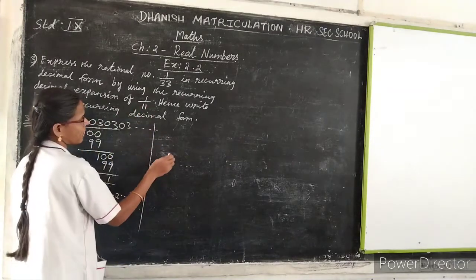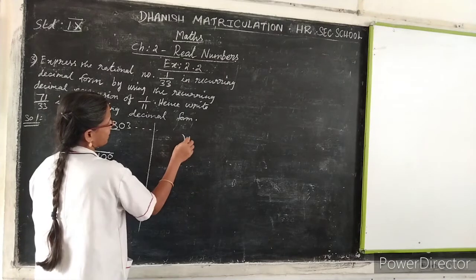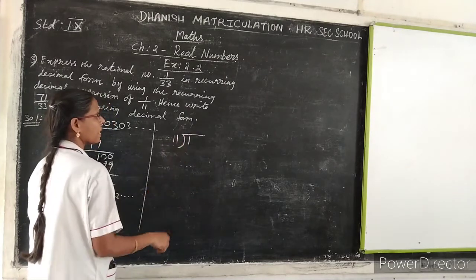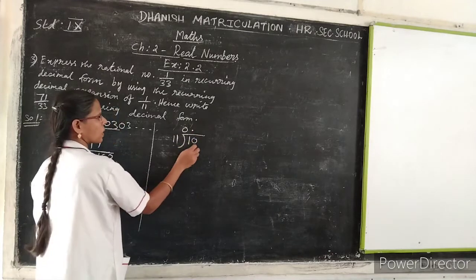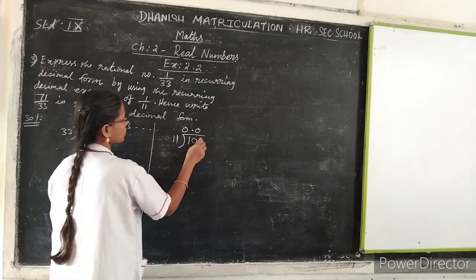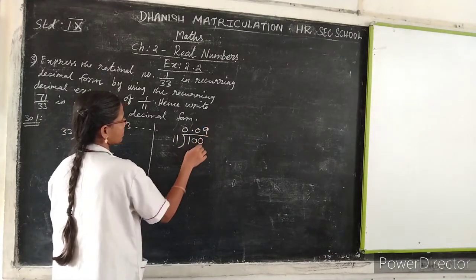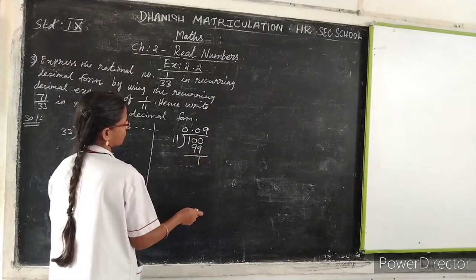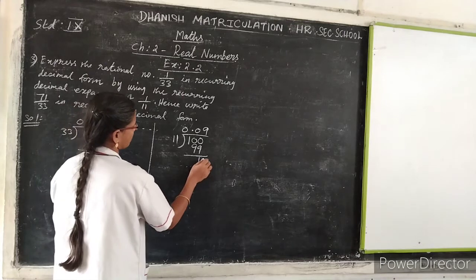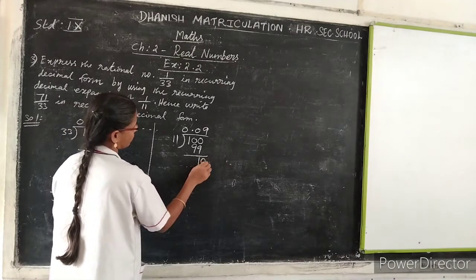Now 1 by 11. 1 is dividend, divisor is 11. 0 point, tag on 0. Now not going, so add 1 0. 9 times 11 is 99. Tag on 0.